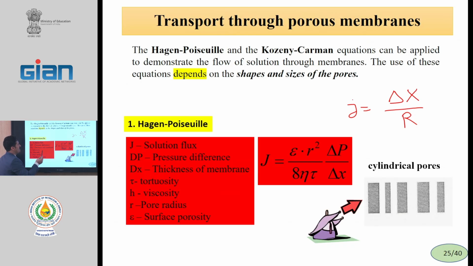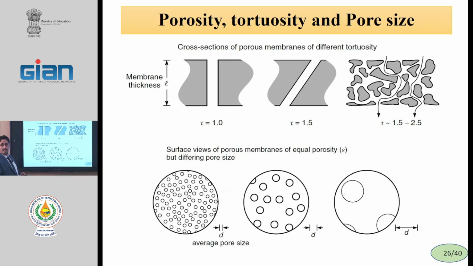We have a constant here called tortuosity. In this Hagen-Poiseuille equation, we assume that the whole membrane is cylindrical. But in actuality, the membrane's structure is different. This is cylindrical.